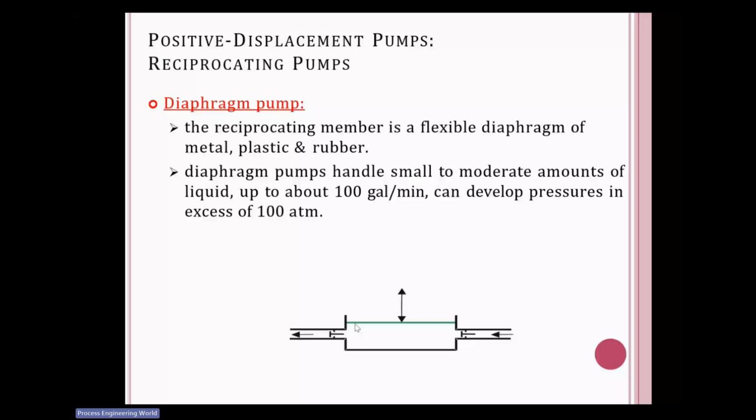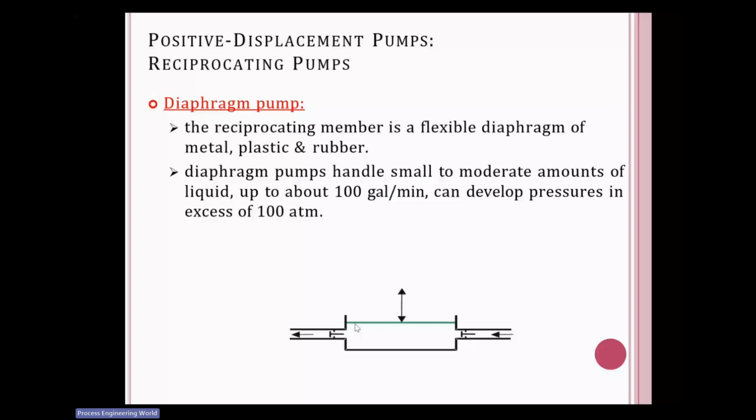But if you are having general solvents, or thick fluids, and you have the MSDS, I think everyone is aware of the MSDS, material safety data sheet. For every chemical you are having an MSDS. So if you have the MSDS, you know each and every value, and where your chemical falls, whether your chemical is safe to handle through air. So in that case, you can use diaphragm pumps.